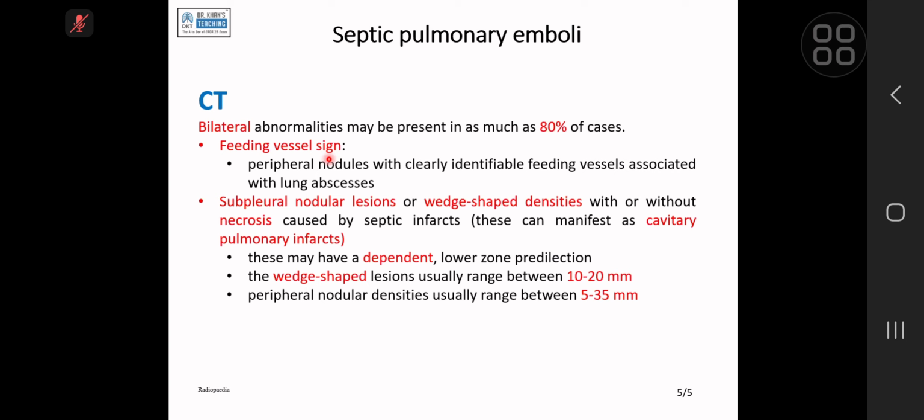There is an embolus there, and there will be a clearly identifiable feeding vessel associated with lung abscess. When there is necrosis, there can be cavitating lesions. And of course, there can be other types of opacities, nodular opacities, wedge-shaped opacities, etc.